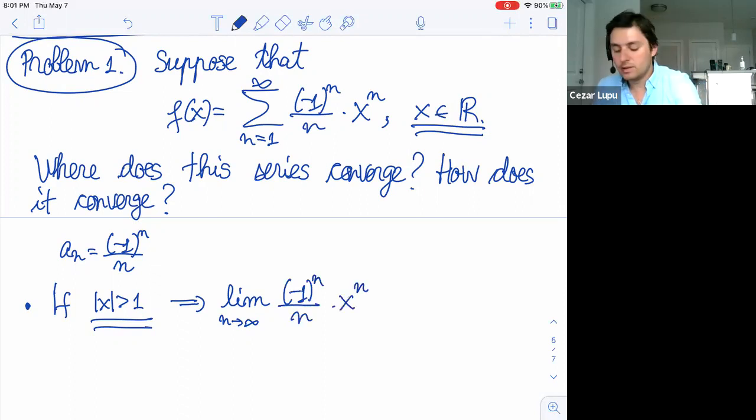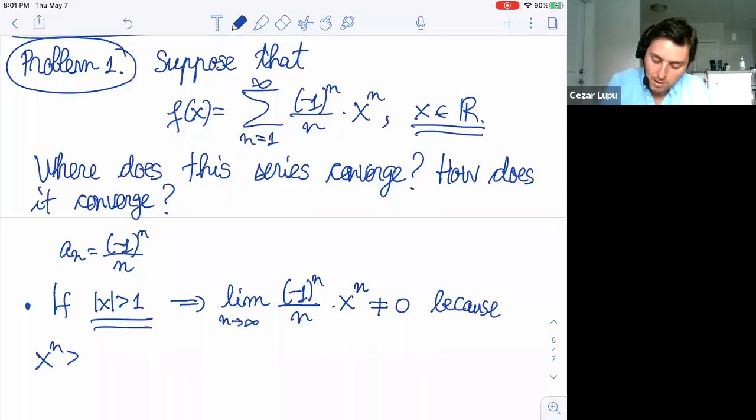Well, this will not be 0. I can tell you that. This will definitely not be 0. So therefore, for the absolute value of x greater than 1, x^n will be much bigger than n at some point, as n is large enough.